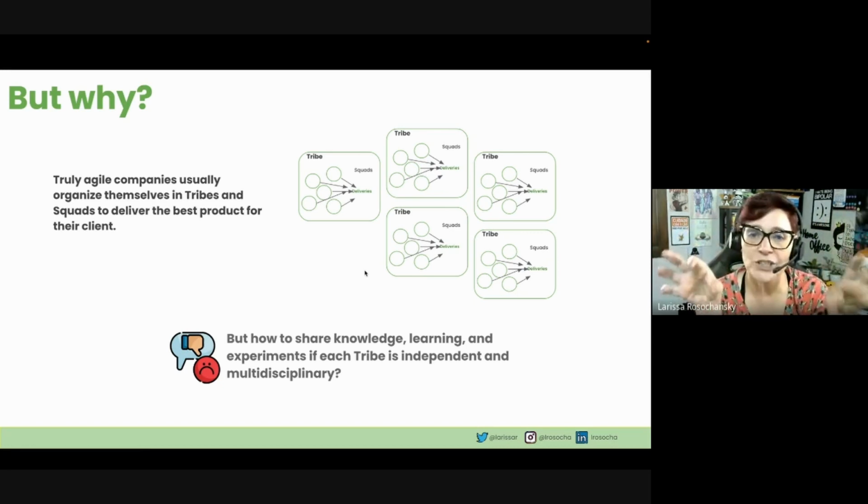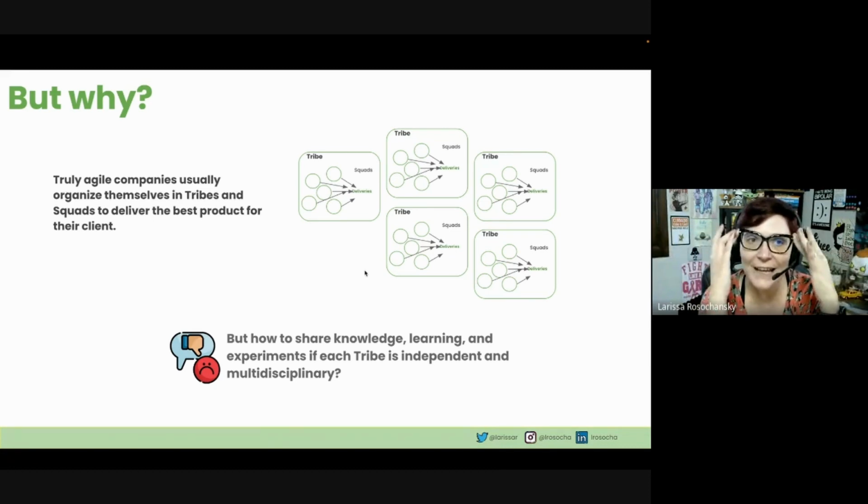How can we share the knowledge, the learning and the experiments that each tribe has in the same context, in the same company, in the same contract, if they are completely independent? This is really important.